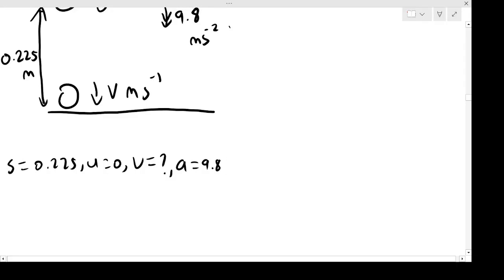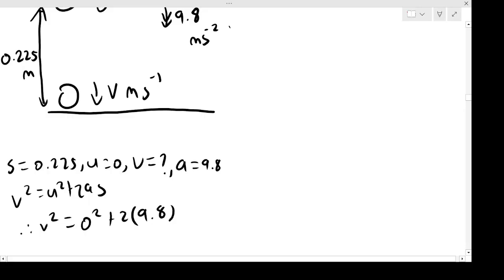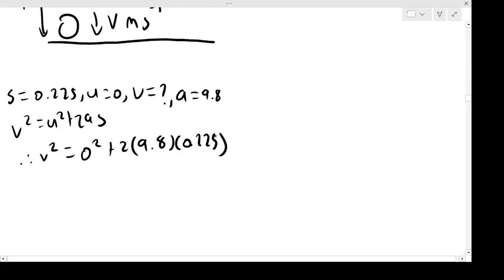So again, I can use V squared is U squared plus 2AS to work out V. Therefore, V squared is going to be 0 squared plus 2 lots of 9.8 times 0.225. And so V squared is going to be, if I simplify this, 4.41. And so if I root that, I get V to be 2.1 quite nicely.